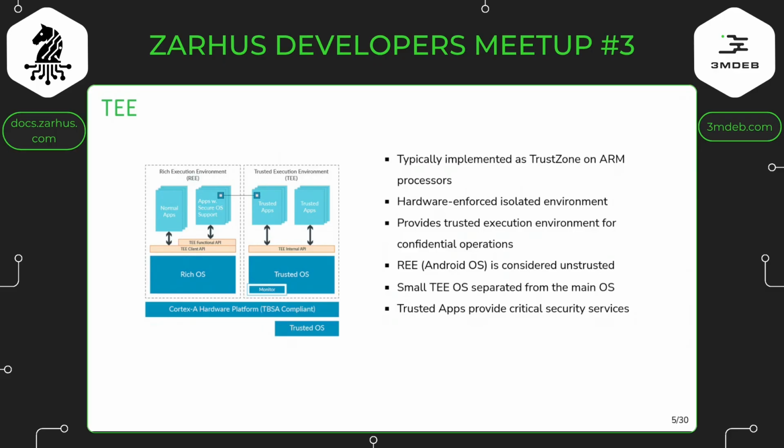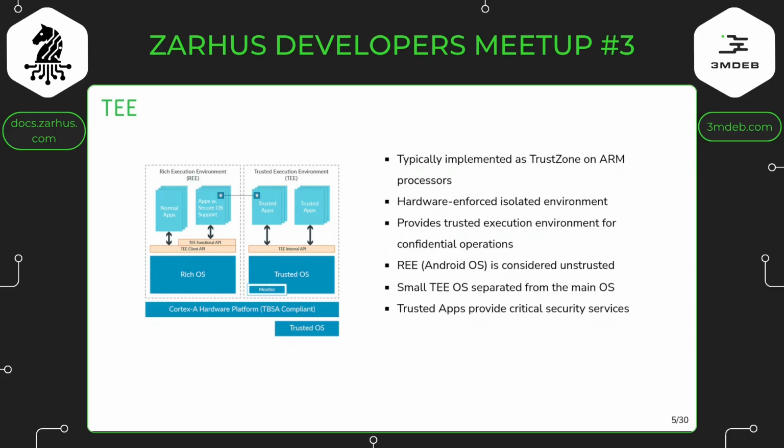Nowadays, basically all the devices running Android are running on ARM, so they often utilize ARM TrustZone, which is a hardware feature thanks to which we can create this hardware-backed isolated environment. It is used for execution of confidential operations. We'll talk a bit later about what those are specifically in this Android ecosystem.